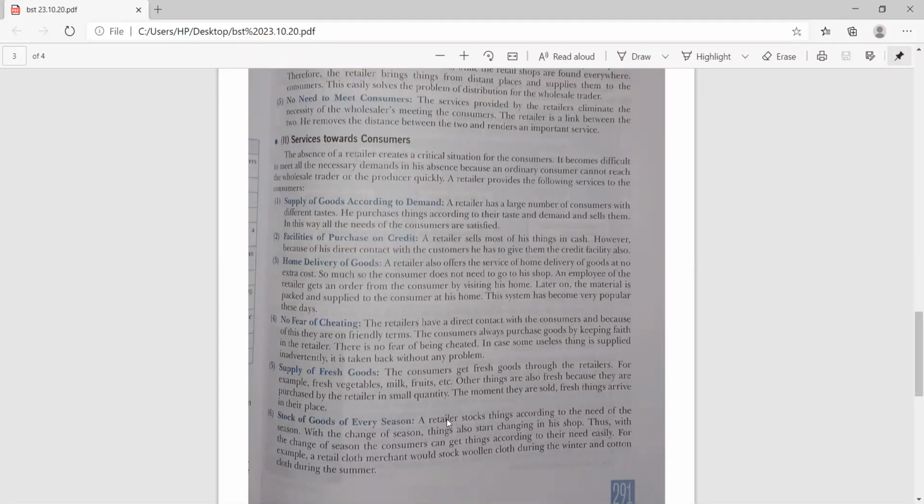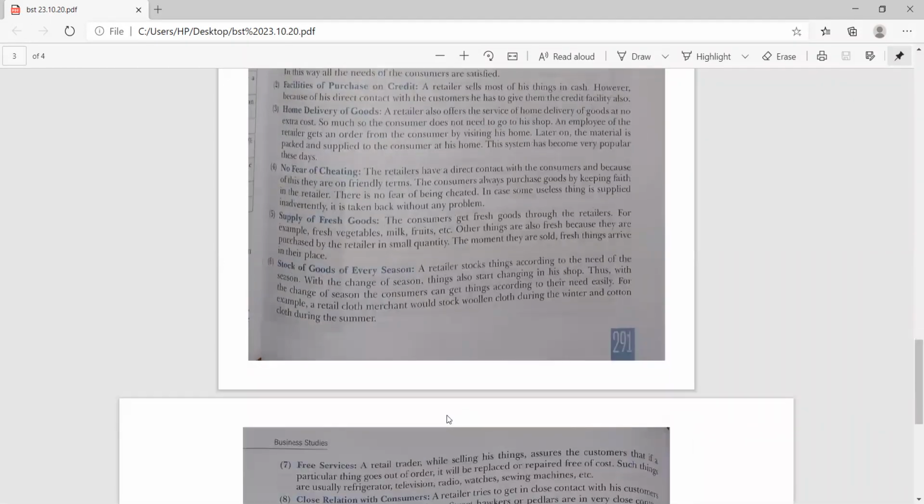Stock of the goods of every season. Yes, the retailer always keeps the stock of every good according to the season. If you have seen a grocery shop, you find cold drinks, Rooh Afza and so many beverages in the summer days. And when the winter days come, you find coffee, nuts, and all that is related to the season.